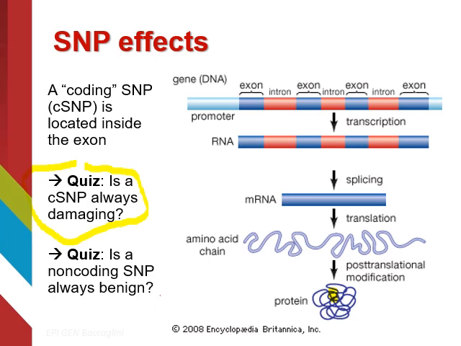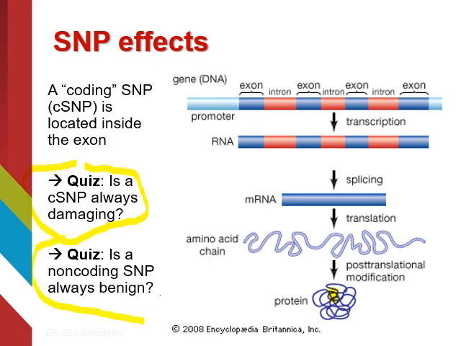In addition, there could be a change in the codon, but the amino acid might actually remain the same. So the cSNP could be synonymous, where yes, you have a change in the DNA, but at the end, the amino acid will remain exactly the same. And in that case, you do not see any difference.